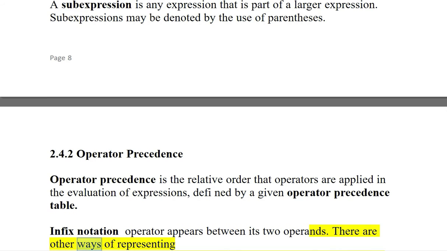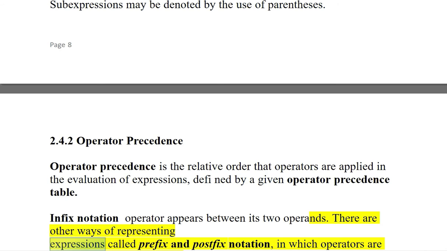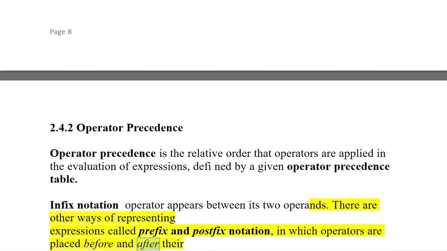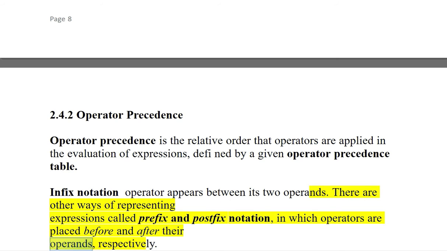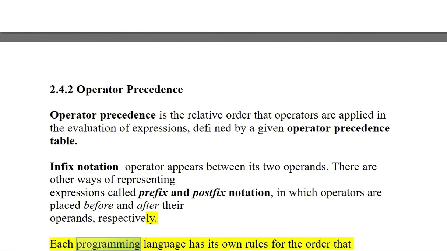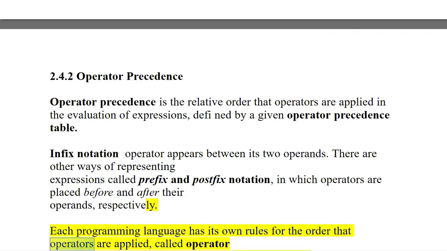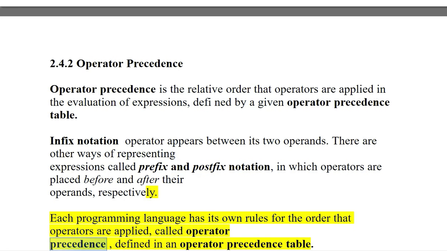There are other ways of representing expressions called prefix and postfix notation, in which operators are placed before and after their operands, respectively. Each programming language has its own rules for the order that operators are applied, called operator precedence, defined in an operator precedence table.